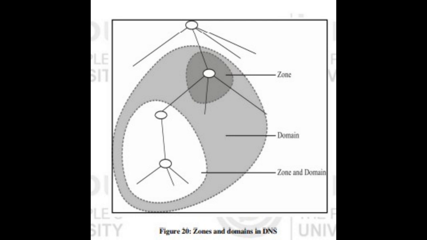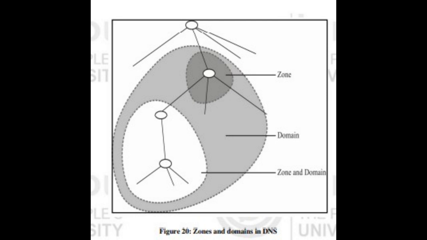The internet is divided into top-level domains, each having several hosts. Underneath, each domain is divided into subdomains, which can be further divided into subdomains. This creates a tree-like structure, which is shown in Figure 19.